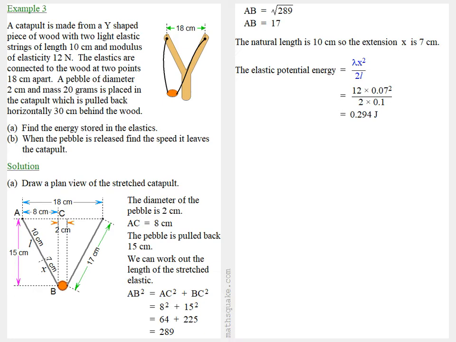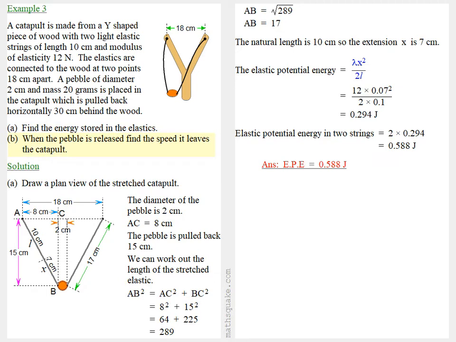However, that is the elastic energy in one string. Now the catapult is made up of 2 strings, and so the elastic potential energy is twice that, which is 0.588 joules. So the total elastic potential energy is 0.588 joules.